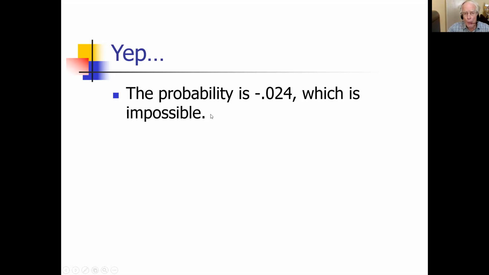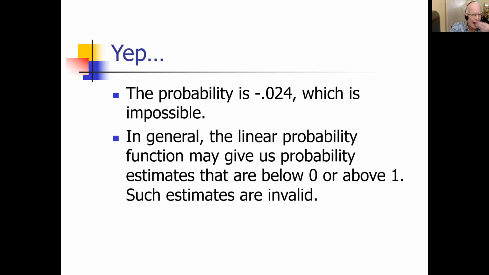But this is impossible since the minimum probability is always 0, it cannot be negative. So in general, we did get invalid estimates from a linear probability function because the dependent variable is not bounded by 0 and 1.